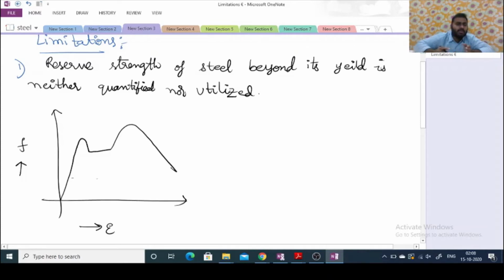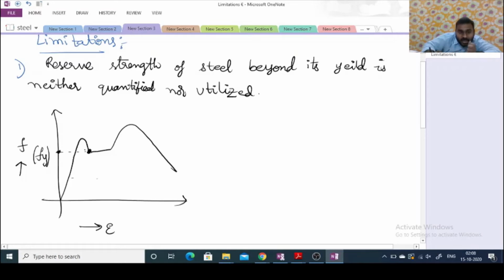We know each and every detail of this graph, hence I'm not going to repeat it again. From the graph, it is evident that there exists strength for the steel beyond yielding. This is where the yielding occurs, and the stress corresponding to this point is known as yield stress, which we represent with Fy.